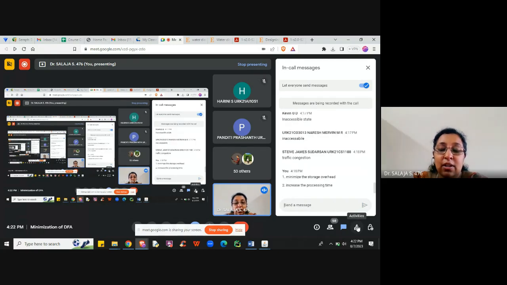So these are the advantages while you minimize the number of DFA states. The first one is to minimize the storage overhead. The second one, as and when you reduce the number of DFA states, you will be able to increase the processing time in certain cases. Fine. This is not networks. This is purely TOC. We'll go in technical terms: to minimize the storage overhead and to increase the processing time.